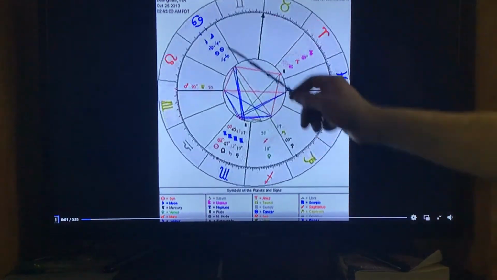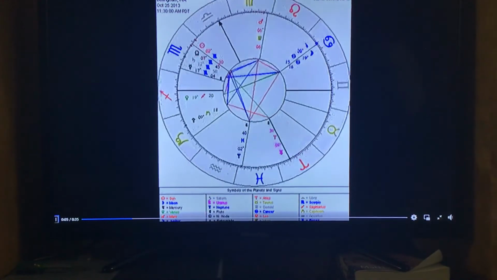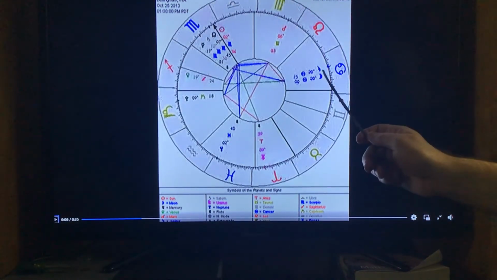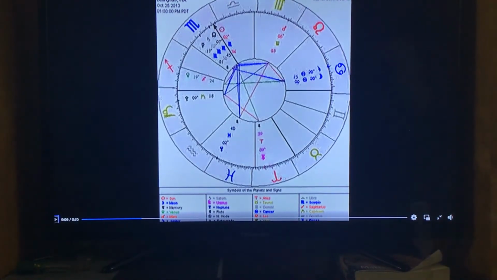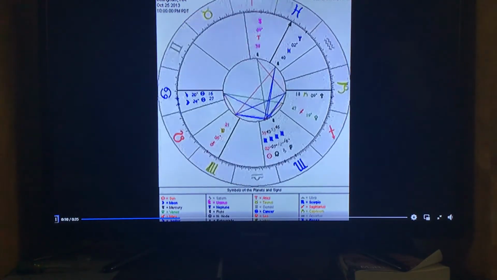So we push play, and you see the moon's going, it's applying, it's applying, it's applying, bam. Now it's exact. It's sitting exactly combust with Jupiter, and now, after the exact conjunction, we have the separating.